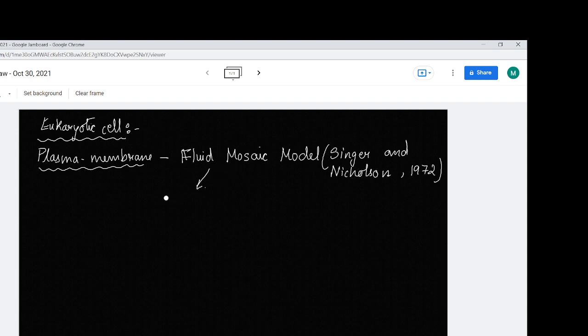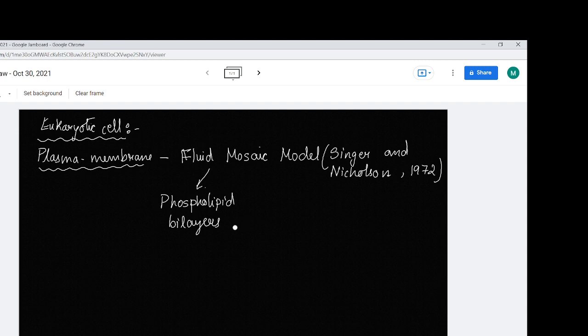So it has components called phospholipids, which are present in two layers. The phospholipid bilayer, which is rich in unsaturated fatty acids, forms the main component of the cell membrane because it provides the structural framework to the membrane.